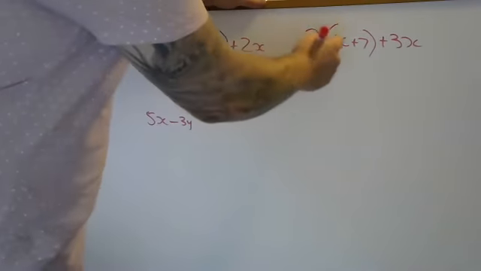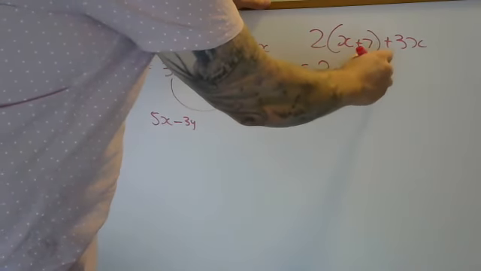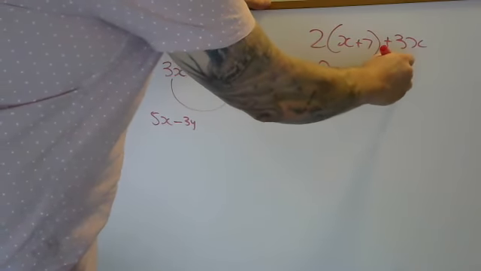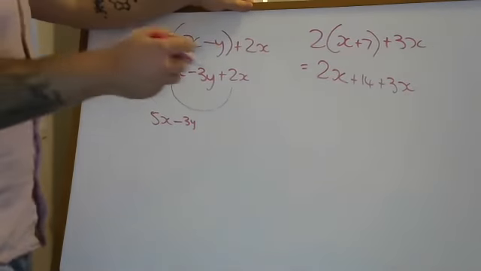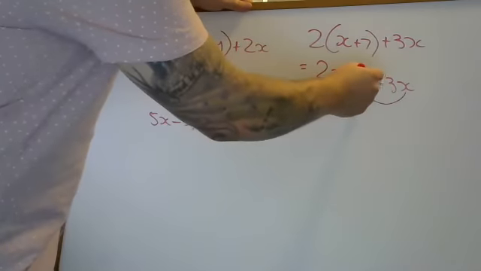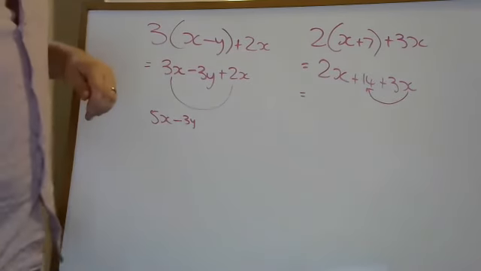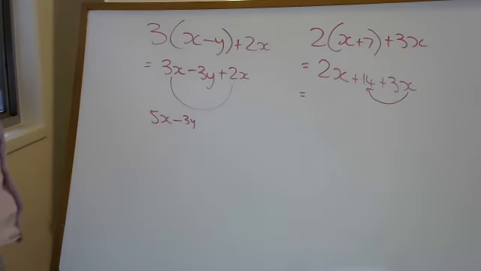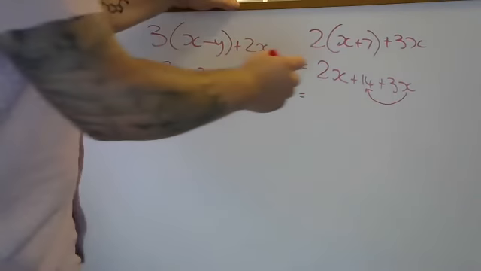So we would have 2x plus 14 plus 3x. Now, it's all addition, so we can change the order. So the big difference between what you do in grade 6, grade 7, and then up into the senior years through grade 9, 10, is you have to show every step of your working out.